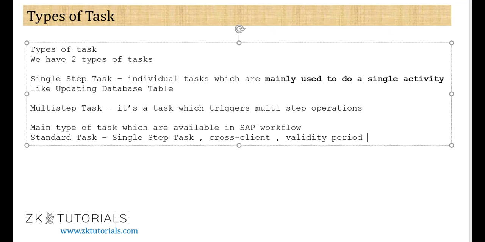So we have a standard task. Now, how do we identify whether it's a standard task type or not? If you look at the prefix of the workflow task, you will see a prefix starting with WS.